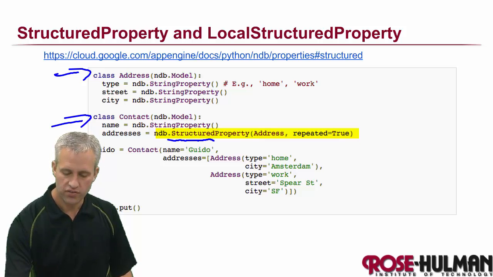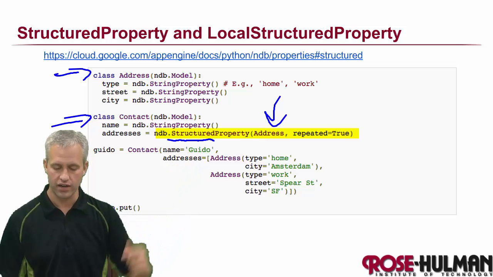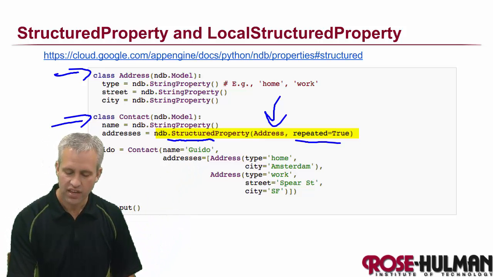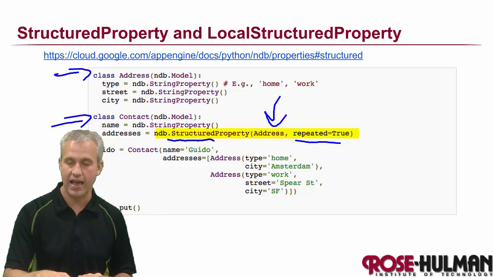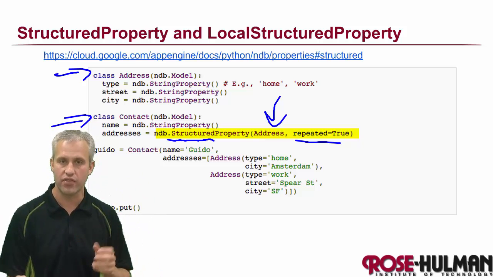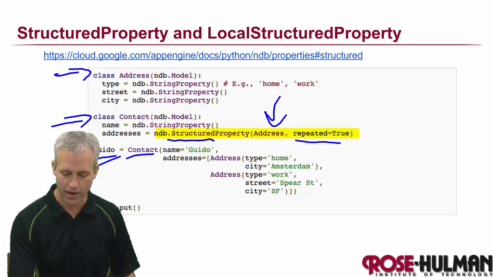You list as the first thing what this other entity is. In this case it happens to be repeated, so you've made use of the repeated and structured property together. In this example, they made the contact Guido Van Rossum, I assume, the inventor of Python.